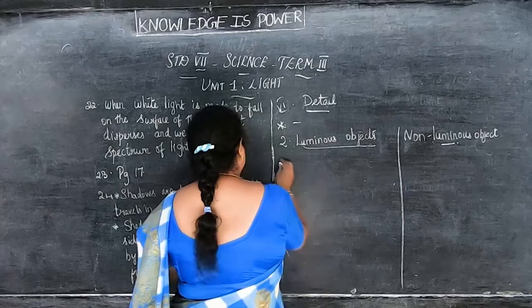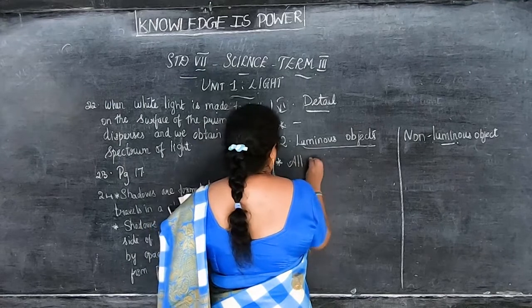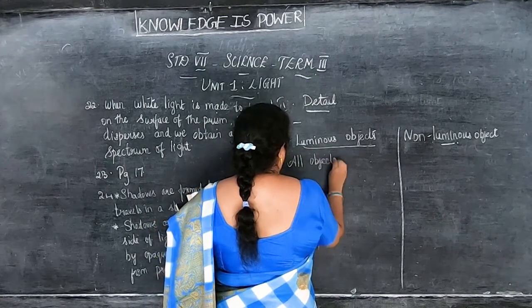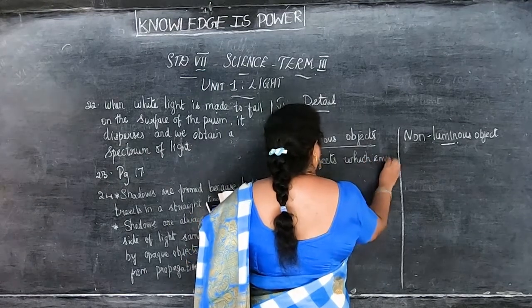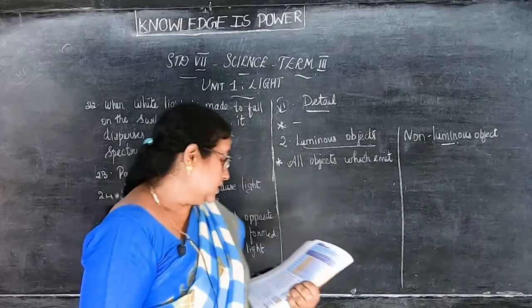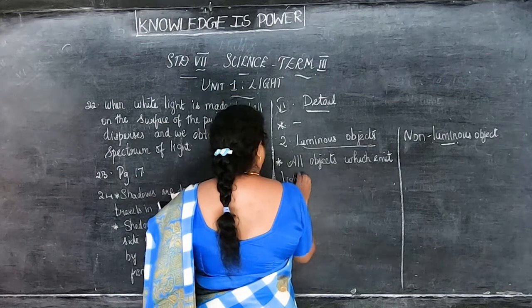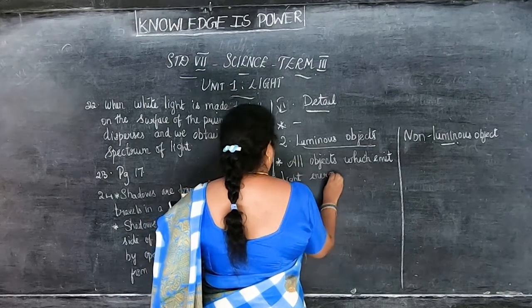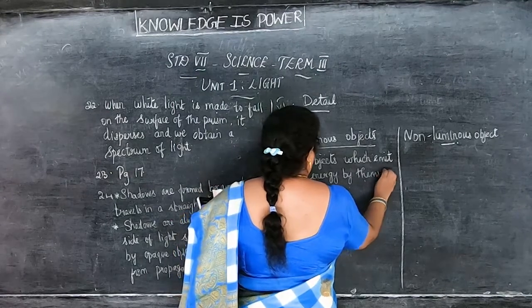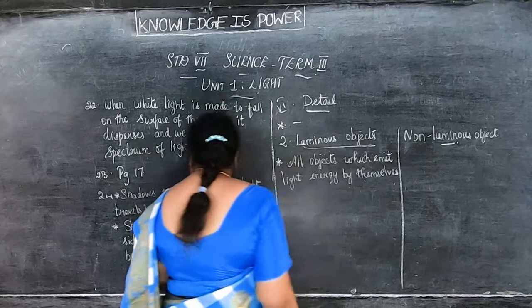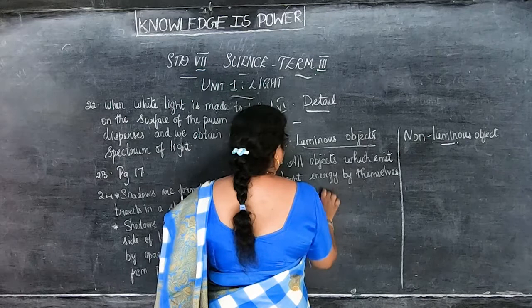So the answer is, first point, all objects which emit light energy by themselves are called luminous objects.